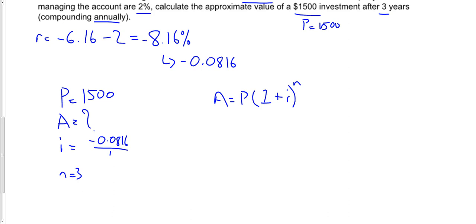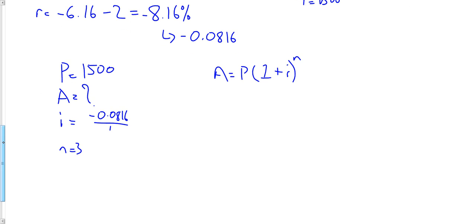Okay, so what we want to do is plug these numbers into the equation and solve for how much money a person has left after 3 years of investing at a negative 8.16% growth rate. So your amount is going to be 1,500 times 1 plus negative 0.0816 to the exponent 3.